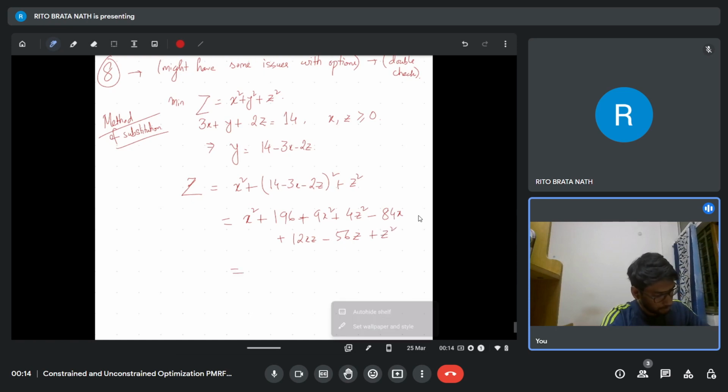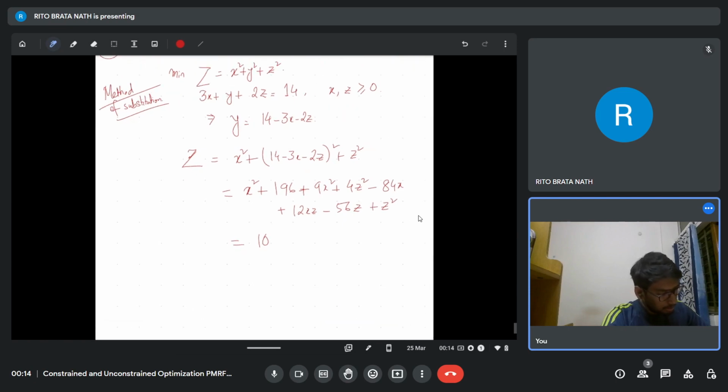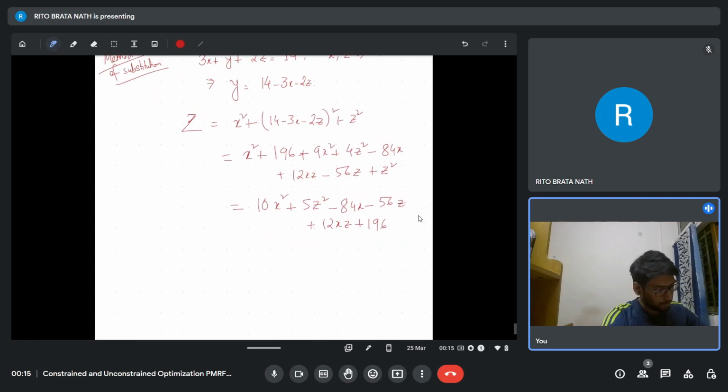This becomes 10x squared plus 5z squared minus 84x minus 56z plus 12xz plus 196. And you know that this is your Z, and you also know that x and z are greater than or equal to 0.